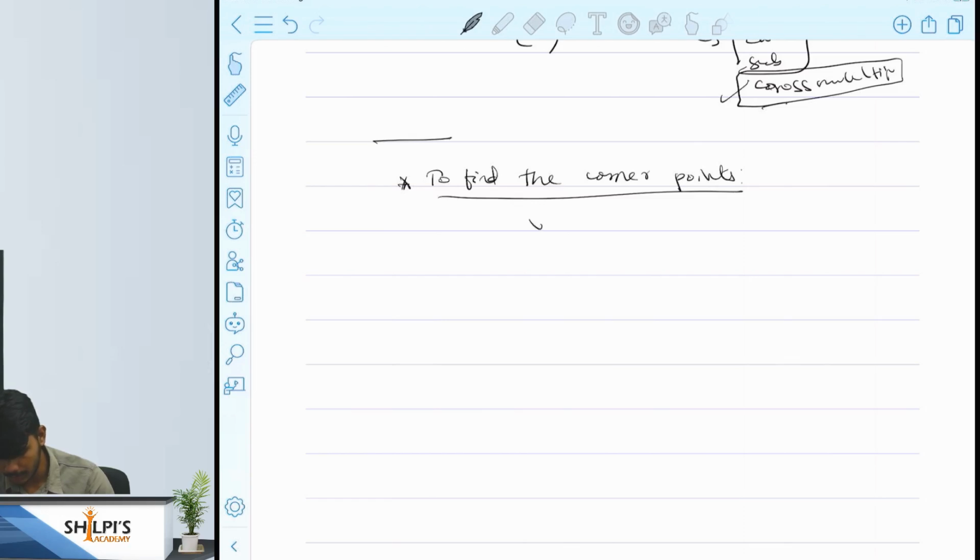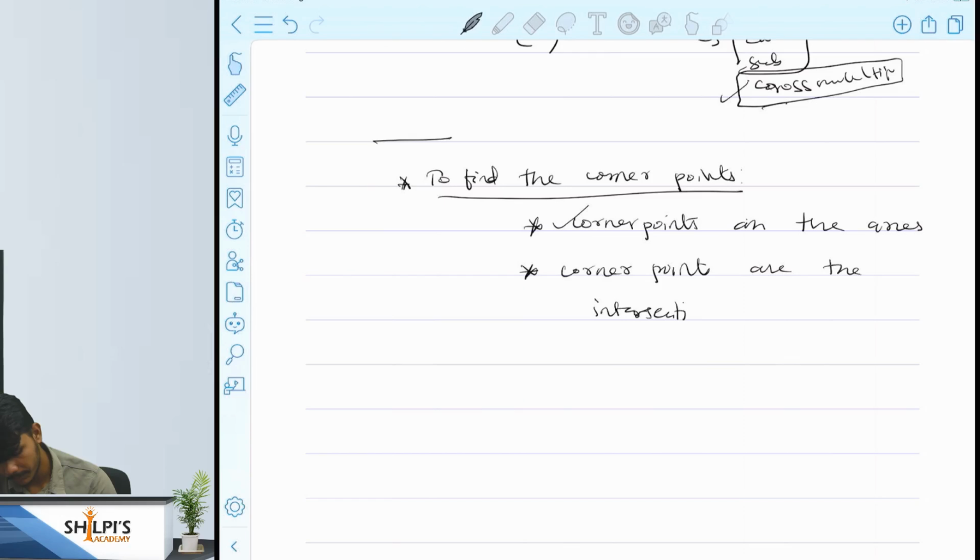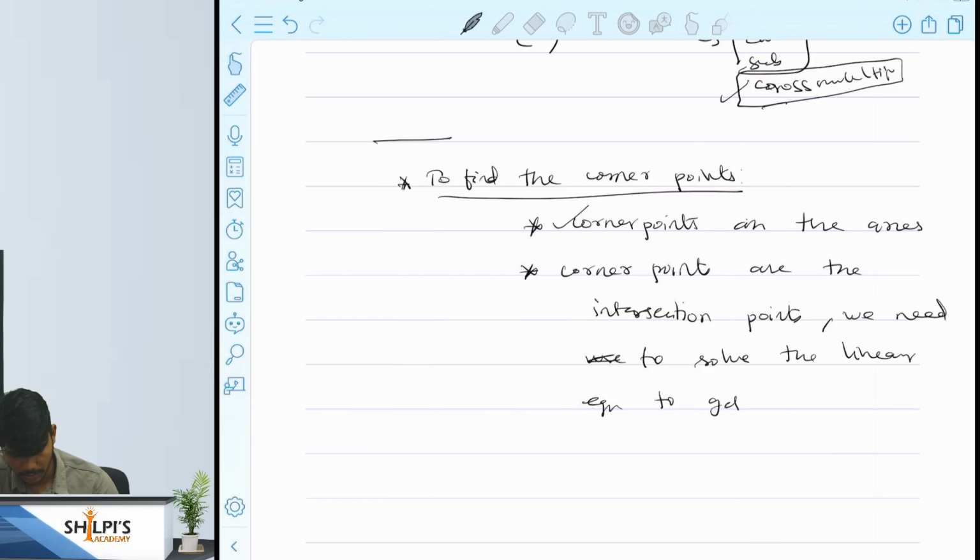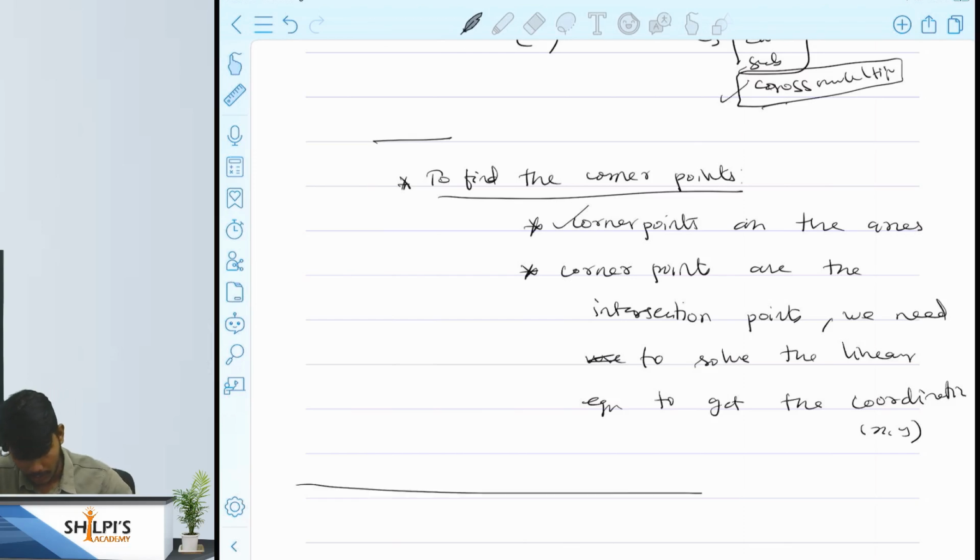If the corner points are on the axis, we can find them very easily, but if the corner points are intersection points, we need to solve the linear equations to get the coordinates, that is x and y, for that particular point. So this is how we will identify the corner points.